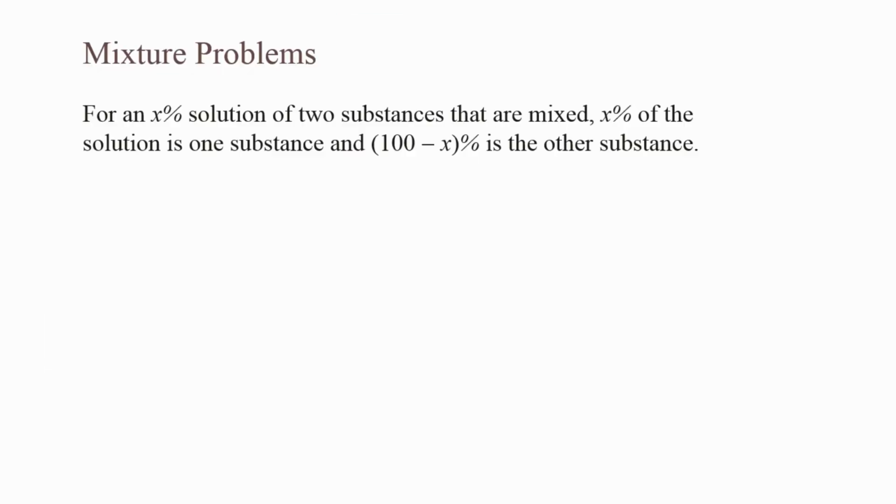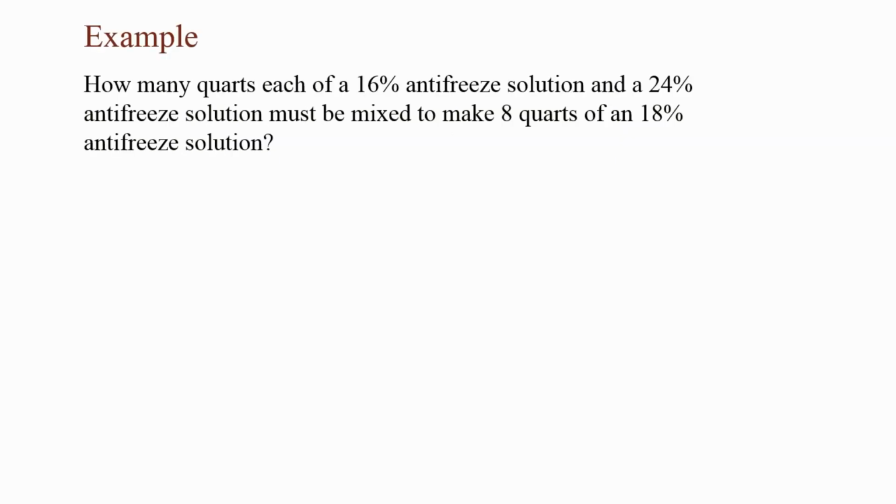Mixture problems. For an x% solution of two substances that are mixed, x% of the solution is one substance and 100% minus x% is the other substance. In this example, how many quarts each of a 16% antifreeze solution and a 24% antifreeze solution must be mixed to make 8 quarts of an 18% antifreeze solution?